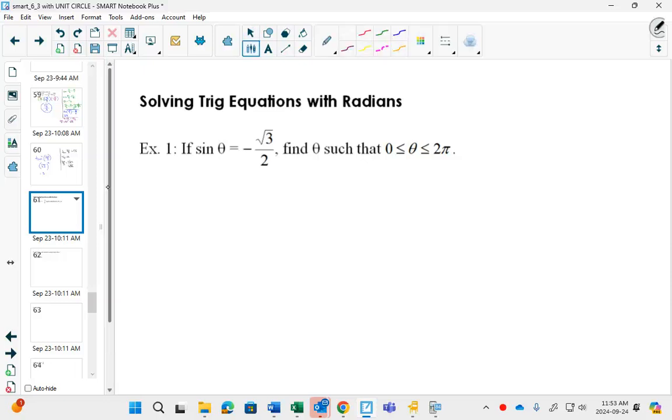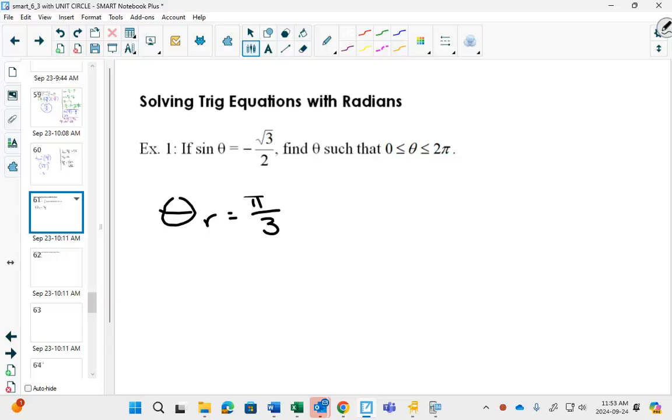So the first thing you're going to do is say, what family do I have root 3 over 2 on my unit circle? And sine is my y-coordinate. Okay? Pi over 3. So sure enough, when I look at pi over 3, my y-coordinate is root 3 over 2.